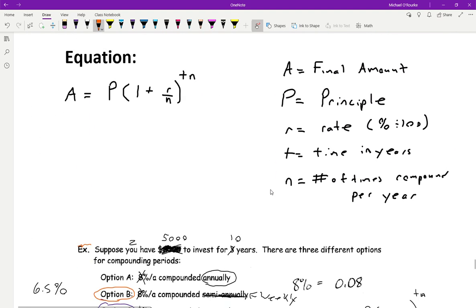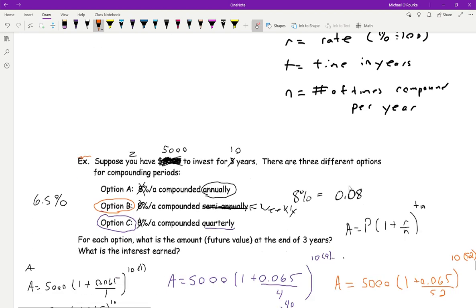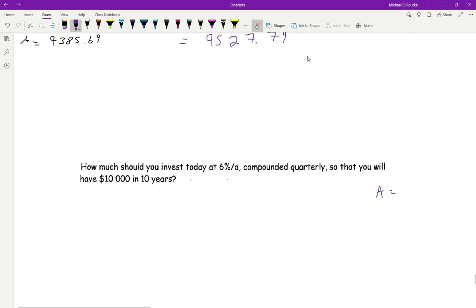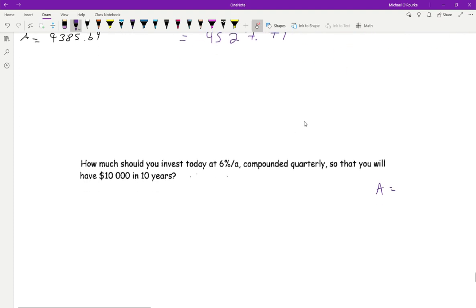I'm going to give you another formula now too, because we can always try to find the amount, but we can also ask questions about, I'll write it down here, how much should you invest? So instead of trying to find the A, which we did up here, we're trying to find what P equals.